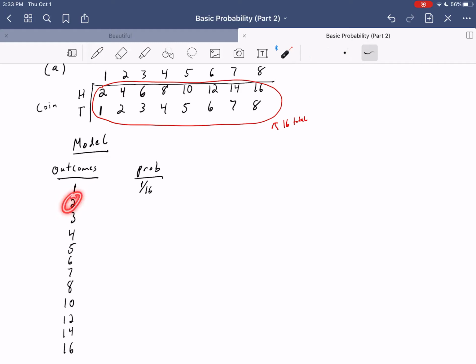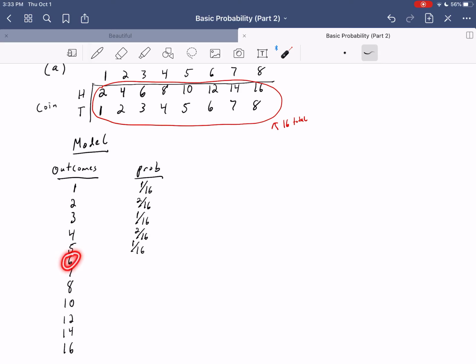For 2, notice that it can happen here or here. In other words, it can result from heads and 1 or tails and 2. So that would be 2 out of 16. For 3, it can only happen here, which would be 1 out of 16. For 4, it could happen here or here. In other words, it can come from tails and 4 or heads and 2. So that's 2 out of 16, 2 ways that can happen. For 5, there's only one way, so 1 out of 16.